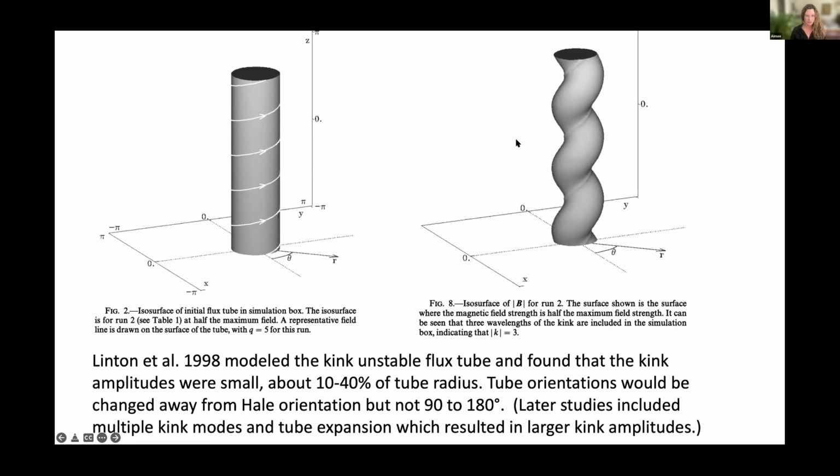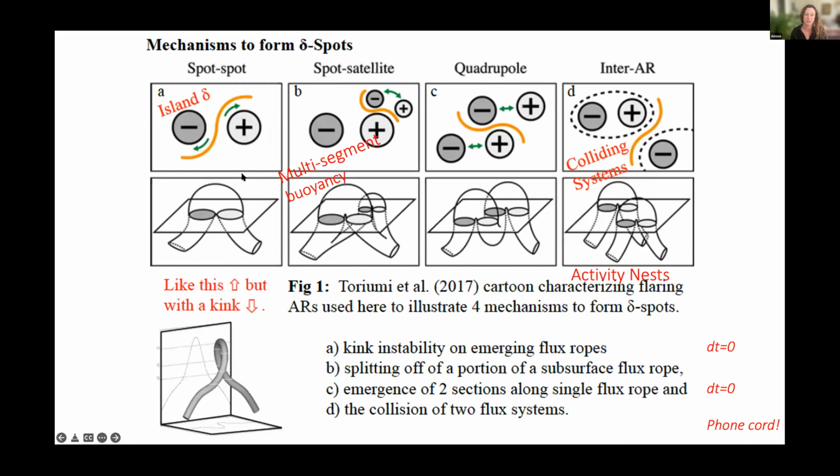But what I think is interesting is this possibility that I wanted to show, to sort of counter the cartoon where you have the full body kink around its own axis. This is the tube orientation here. If it emerged, the tilt would be changed from the classic Joy or Hale, but not by 180 degrees like you would get in the cartoon that I showed previously, this one right here.